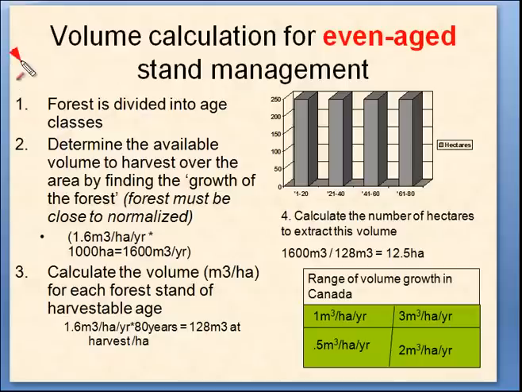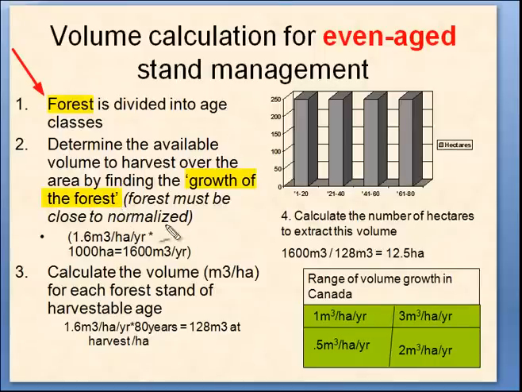First, the forest is divided into age classes. Now let's assume the forest is all one species, okay, in this imaginary forest. Then you determine the available volume to harvest over the area by finding the growth of the forest.